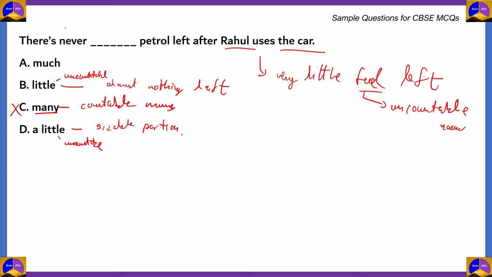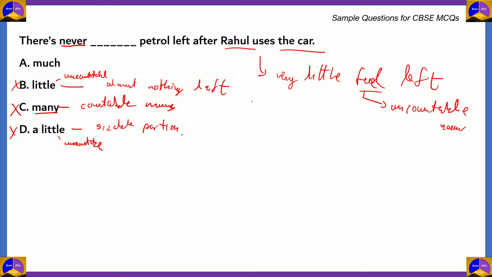But if you look at the question itself, there's the word never before the blank. So if you write there's never little, that means there's a lot of fuel. If you say there's never a little petrol, then that means, well, there's nothing left. So therefore, both statements are incorrect, because never little would mean that there's a lot of fuel left. If it says never a little fuel, then that means there's nothing left.